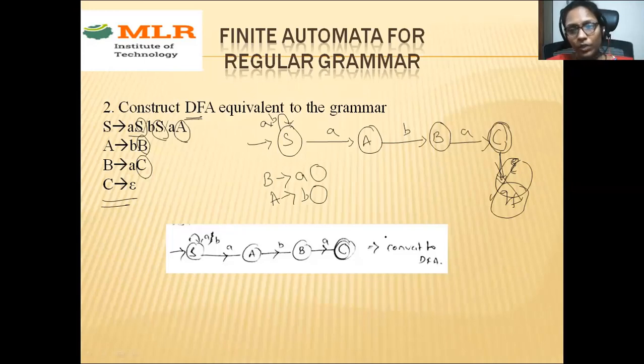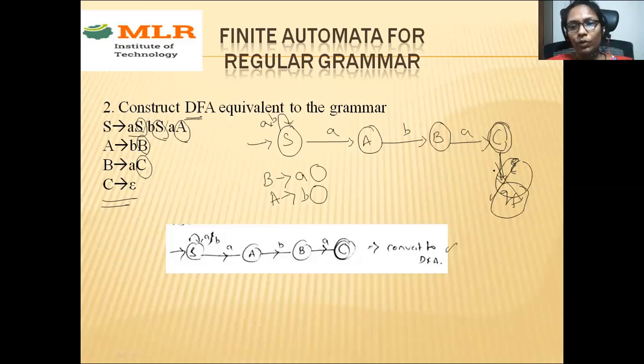First, observe the question, whether they are asking for an NFA or a DFA. If it is an NFA, it will be fine, and this will be the final answer. But if they ask for a DFA, we need to convert it into a DFA again. I hope this is clear, everyone, right? Even if you write that epsilon to a new state, nothing will change, so directly you can make C a final state.